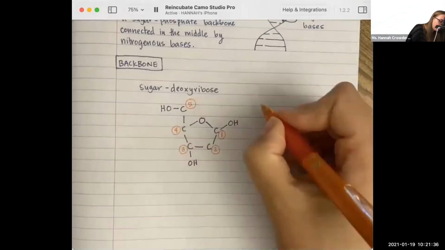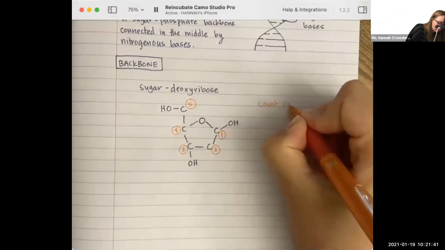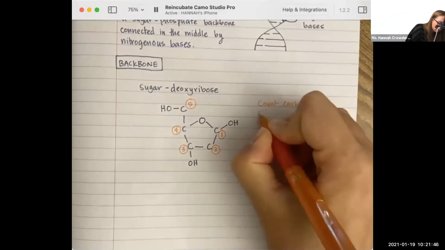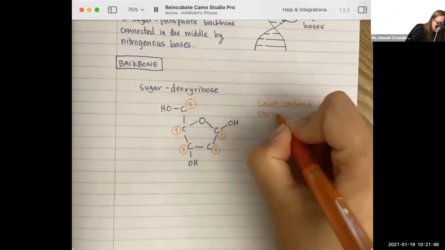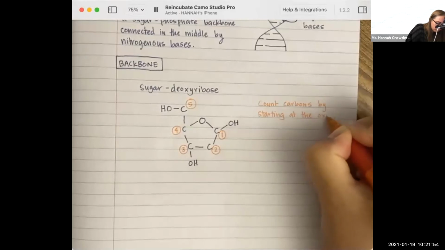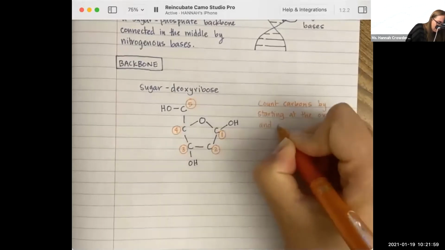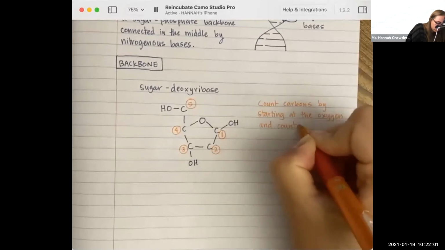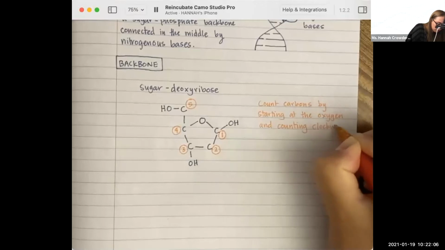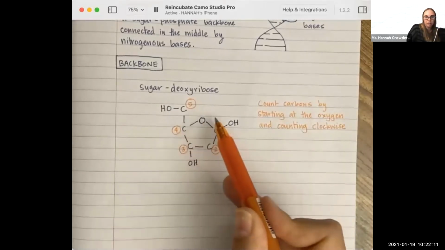So when I count carbons, by starting at the oxygen, and counting clockwise, so count in the direction that the hands go around the clock.